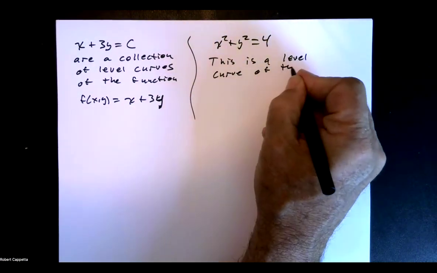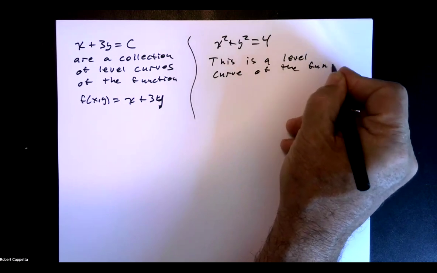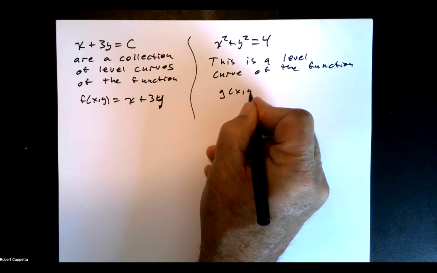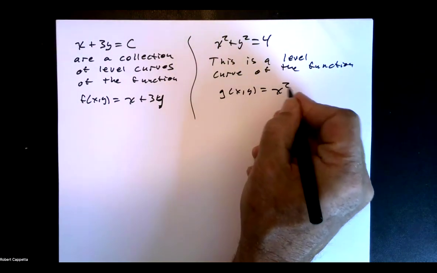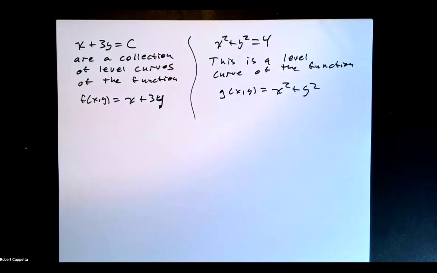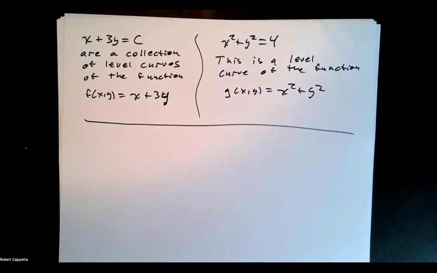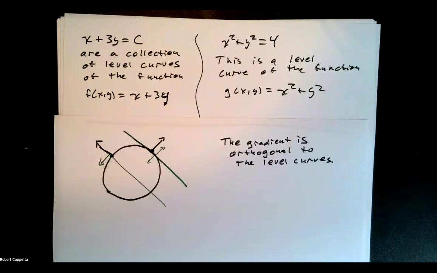Of the function g of x, y equals x squared plus y squared. So we have a fixed level curve, which is a circle, and then we have a collection of level curves, which are lines. And what do we want to say about them?